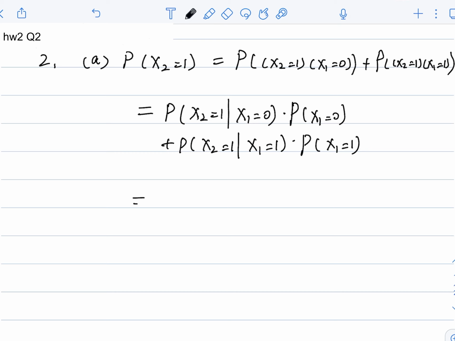From the question specification, we can know the value of these 4 probabilities. Therefore, the probability that x2 equals 1 equals, the result is.